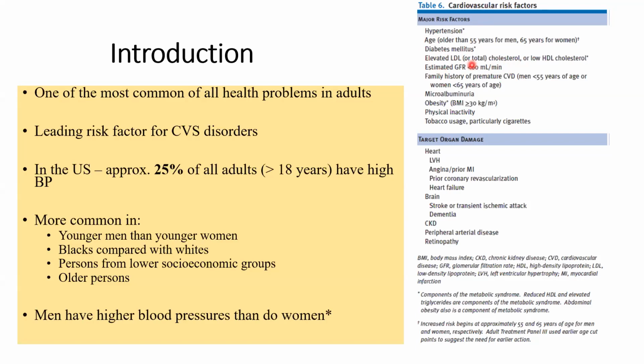Then you have kidney diseases, family histories, obesity, and physical inactivity, which again, distressingly, is seen in the youth of today. Sedentary lifestyle, even in the youth, leads to premature hypertension casualty in the young population.